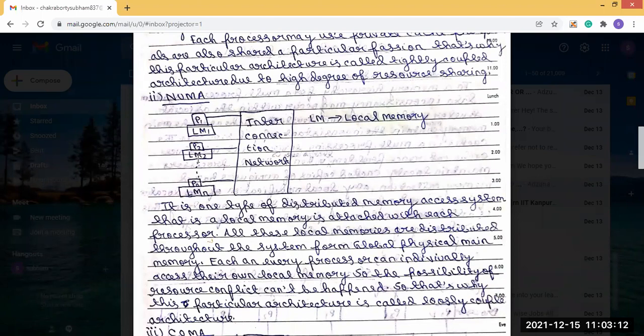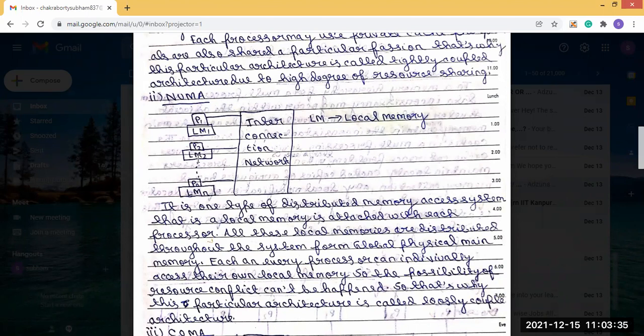So each and every processor can individually access its own local memory, and the possibility of resource conflict will not happen here, because the processor will only access its own local memory. It cannot access other processors' local memory.